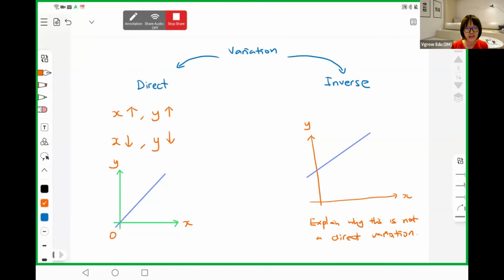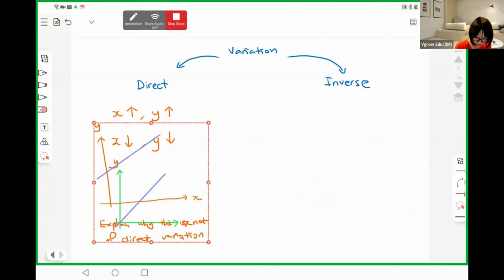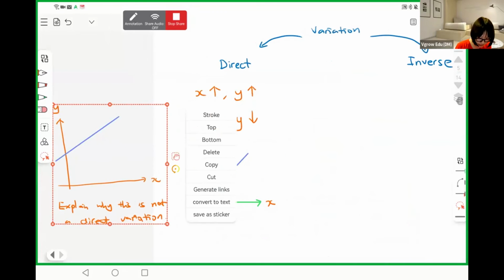So your explanation should be because the straight line is not passing through the origin. Clear? Okay, so I move this to another side. It will be in your notes later.